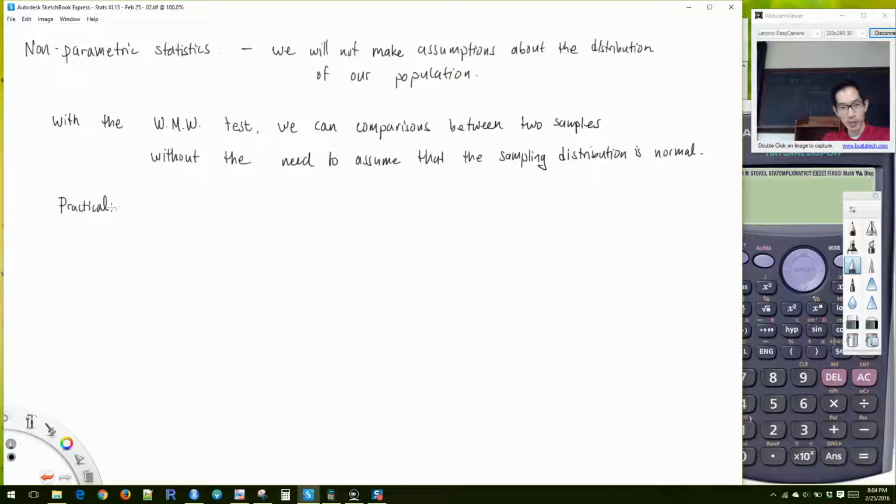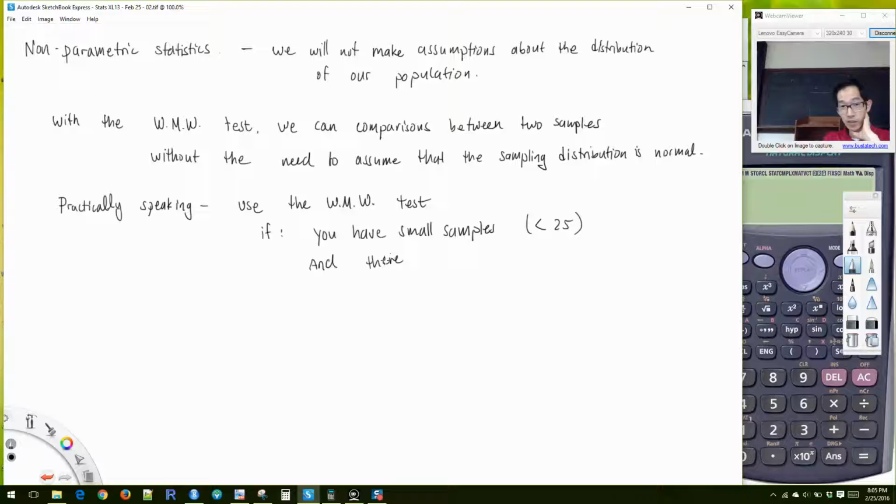Practically speaking, this means use the Wilcoxon MannWhitney test if you have small samples, so, you know, less than 25, and there are some outliers within your sample, indicating that the respective population is not normal.